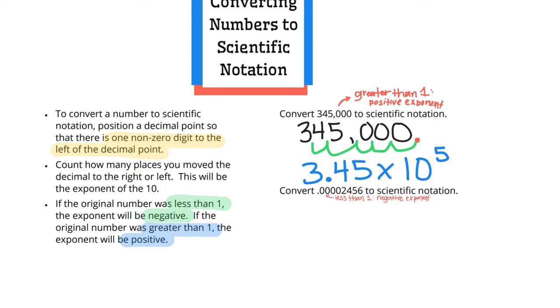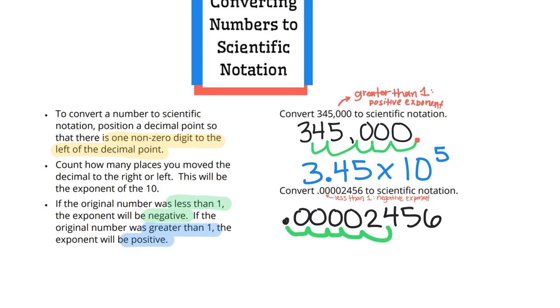Here, I have a number less than 1. That means I need a negative exponent. Next, I write down my number and determine how many times I need to move my decimal to the right in order to have only one non-zero digit to the left of my decimal point. So I count 1, 2, 3, 4, 5. I need to move my decimal point 5 times to the right to have one non-zero digit to the left of my decimal point.